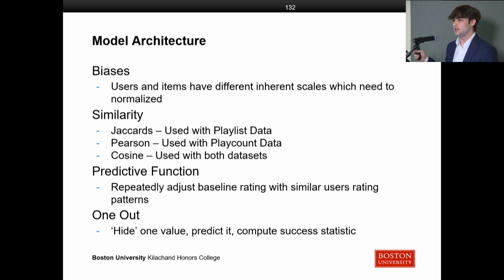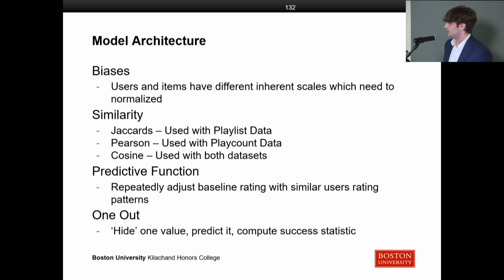And on the play count data, meaning how many times the user has listened to something, if this user on average listens to something 20 times, the user really loves it, and 3 times it kind of loves it, and 0 if it doesn't, it plays on that scale as well. So the predictive function uses the inherent scales of the users and the items, as well as the similarity coefficients and the biases, to produce a rating that is accurate enough to potentially give to the user.